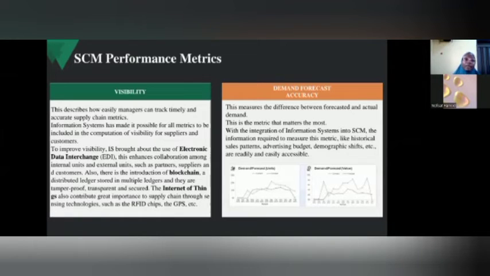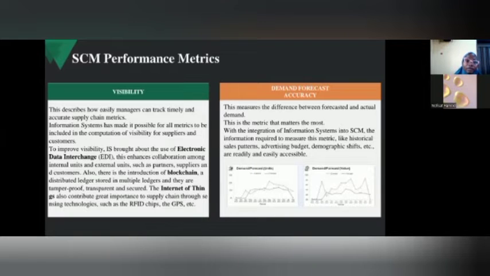Then we have some of the supply chain management performance metrics. We have visibility measurement. Visibility describes how managers track their time and supply deliveries effectively.